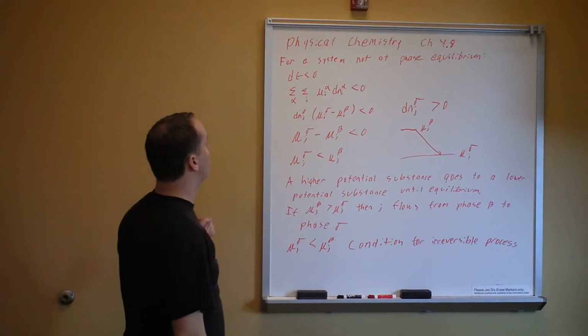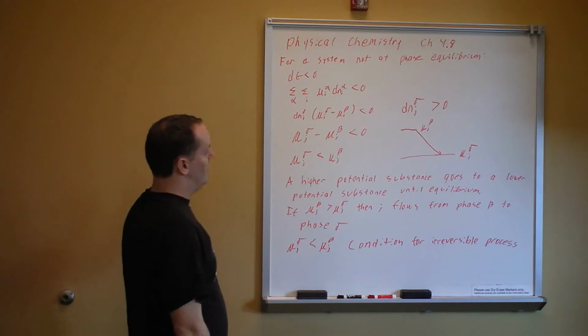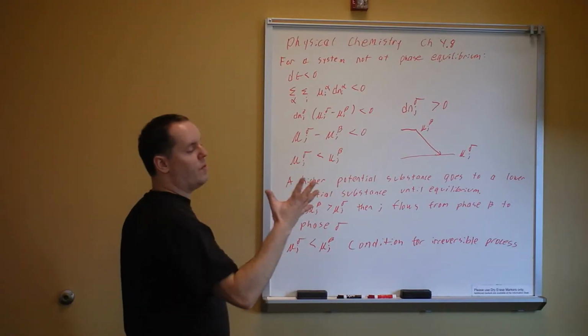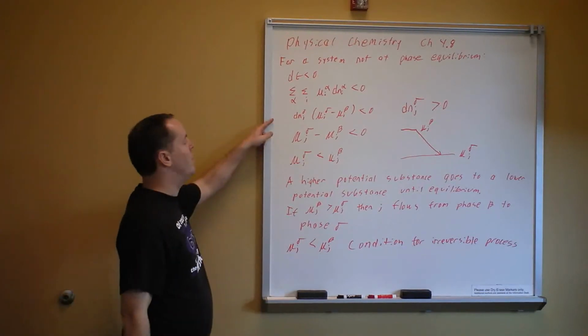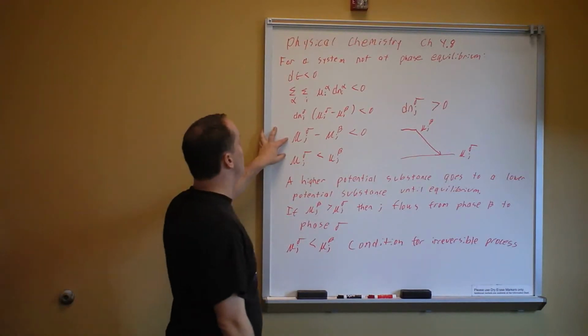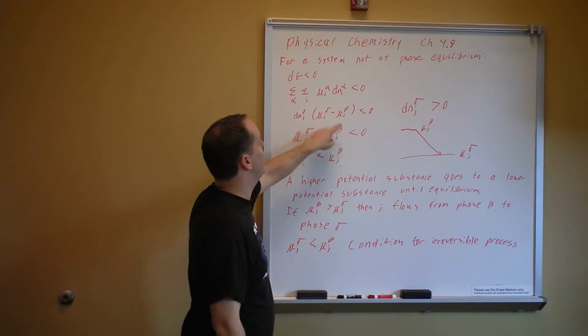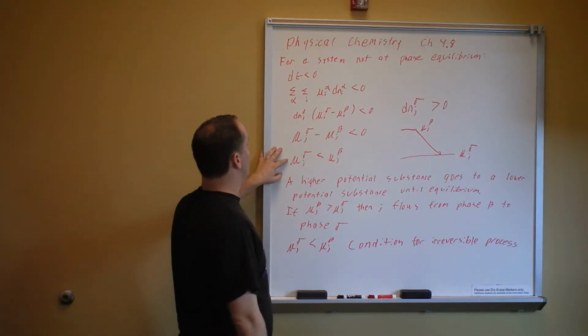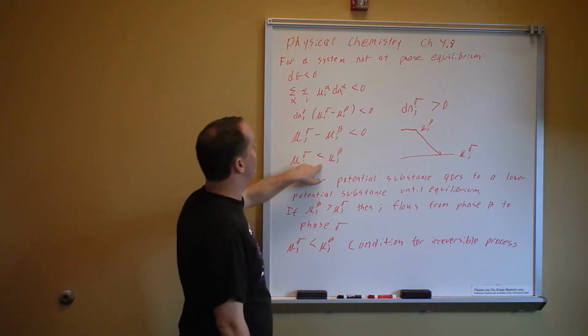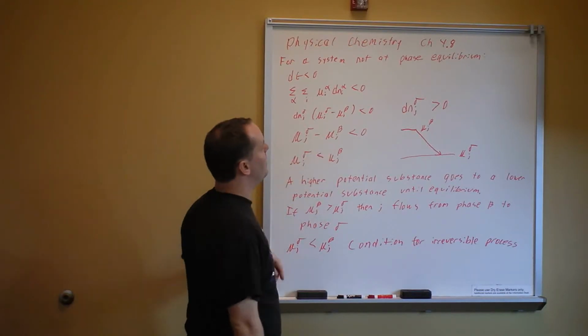Why we're doing that is a bit complicated, but remember we said if there's any substance flowing, it's positive in one phase, negative in the other. So something's got to be positive somewhere. So we end up with mu j delta minus mu j beta is less than 0. Therefore, we can say that mu j delta is less than mu j beta.